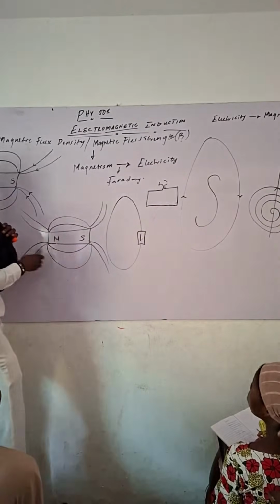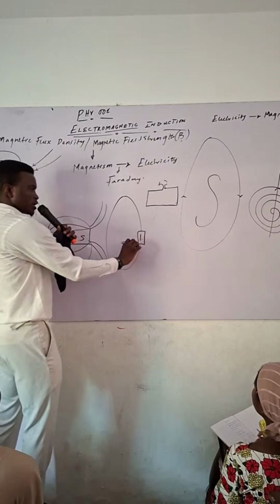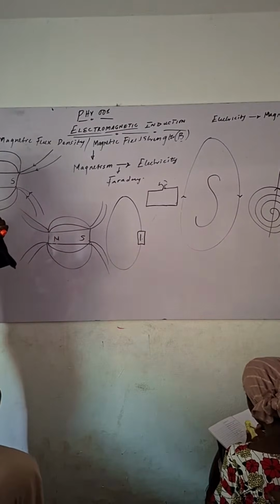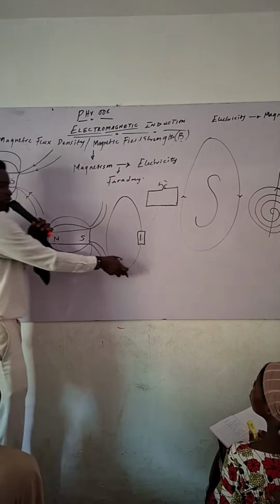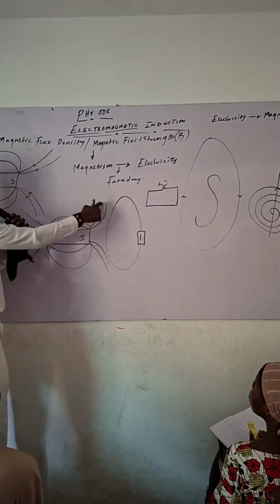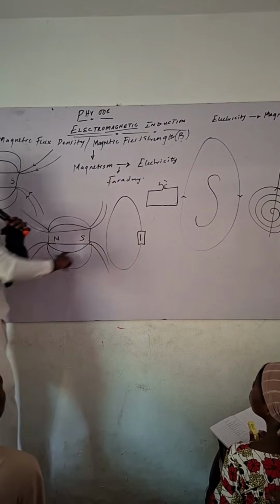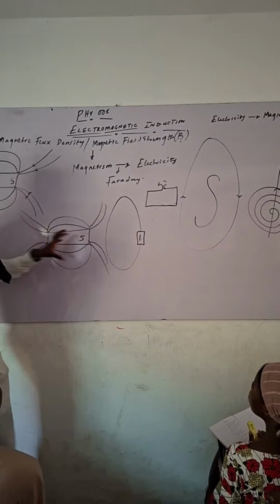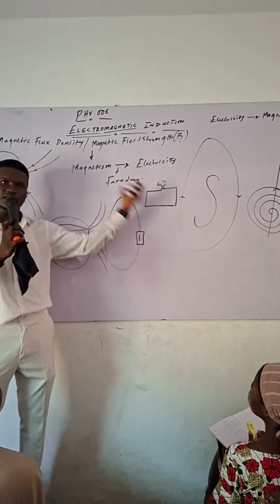When it's moving out, you notice the deflection went in the opposite direction. So you realize that even if there is no battery, as long as all these lines are cutting through a wire, then there will be current generated.